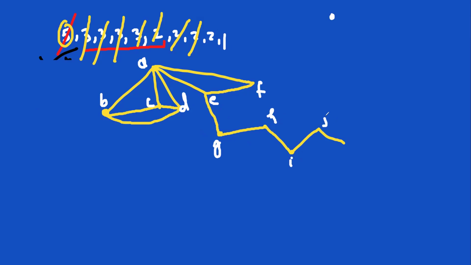You can write 1, 2, 3, or A, B, C, D, E, F, G, H, I, J. I think I took extra vertices.